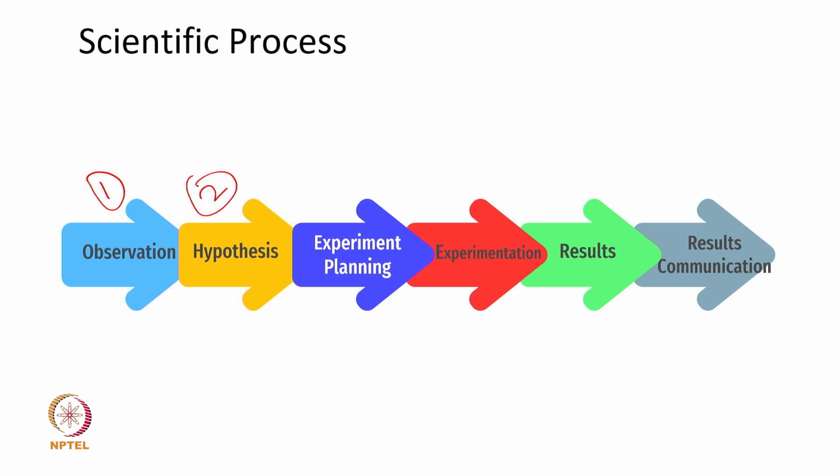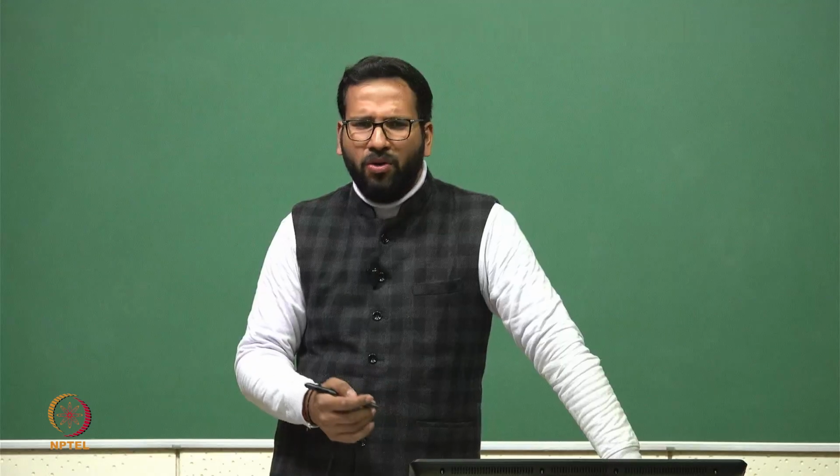So in the first step, we observe the phenomena and collect all the facts related to it. In the second step, based on those observations, we formulate the research question and hypothesis. In the third step, with the research question and hypothesis, the scientist plans the whole experiment: how to do the experiment, what the variables will be, the tools to be used and all those things.